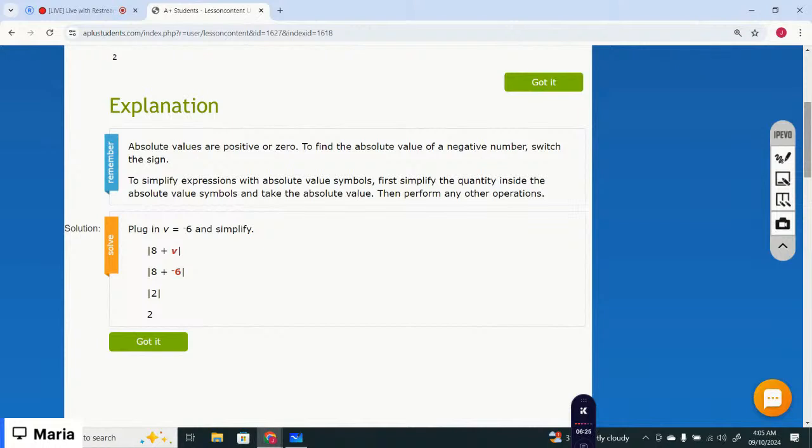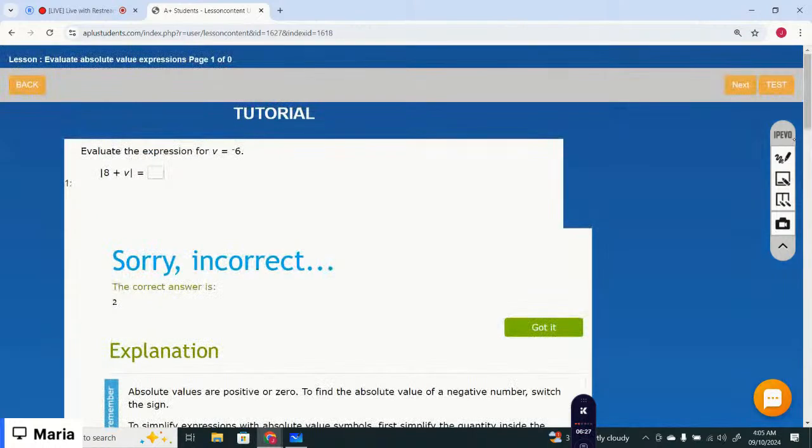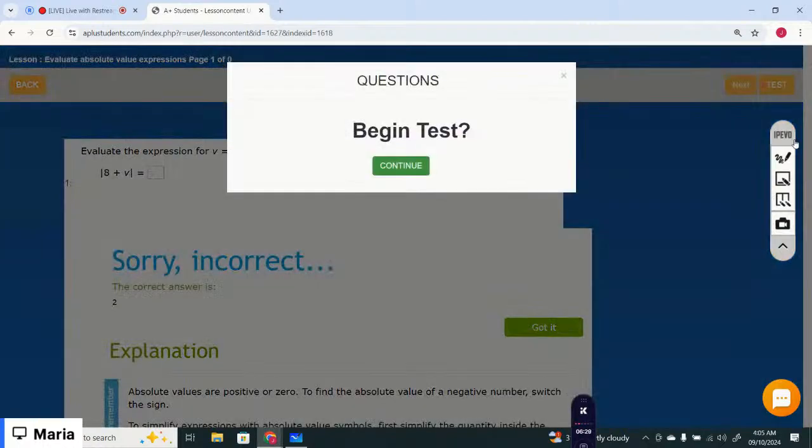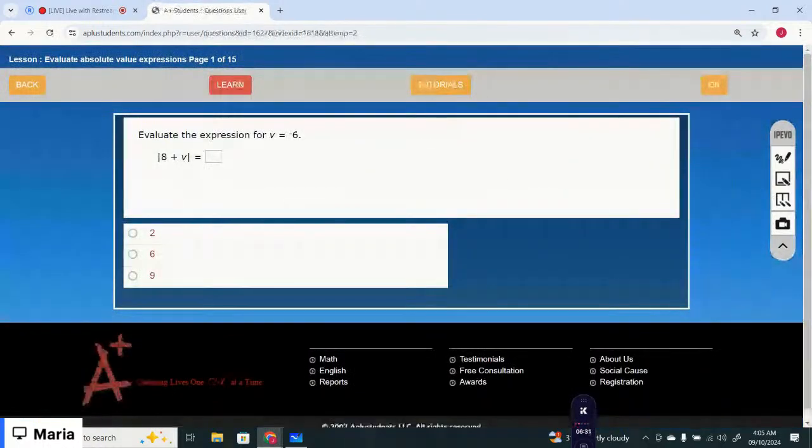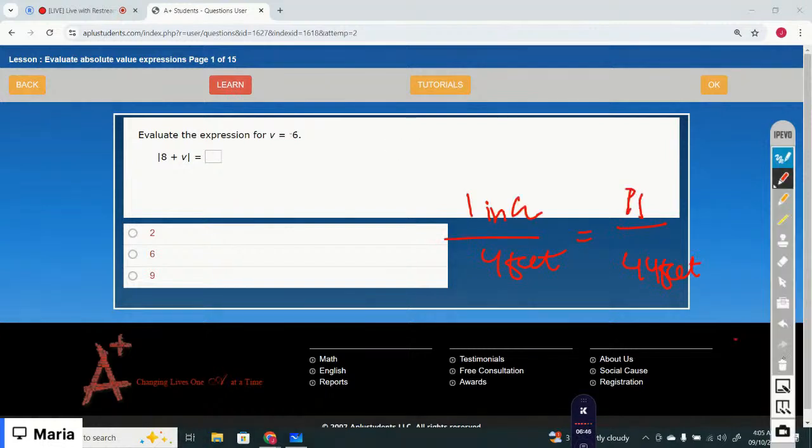Let's just start with the test questions. Evaluate the expression for v equals negative 6. So let's just replace v in the expression, that is 8 plus negative 6, right?